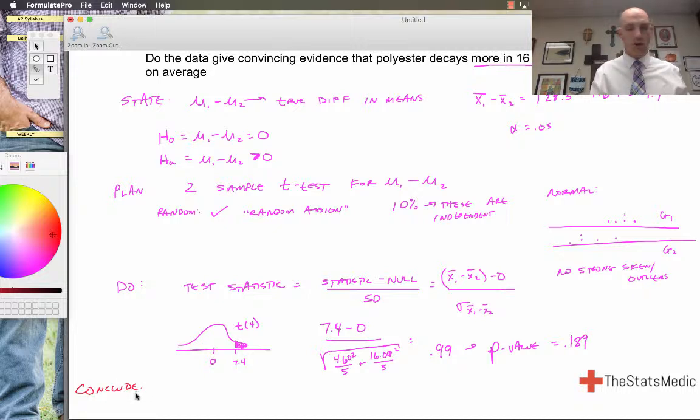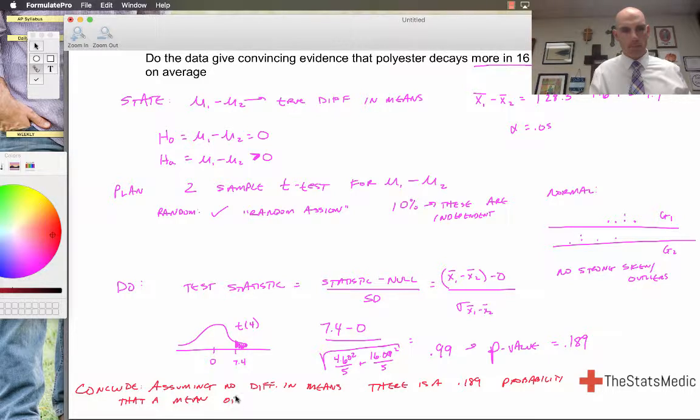Assuming there's no difference in means, there is a 0.189 probability that a mean difference of 7.4 happened purely by chance.